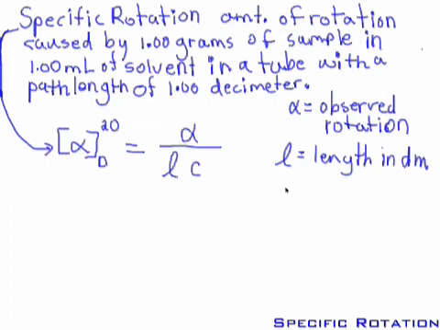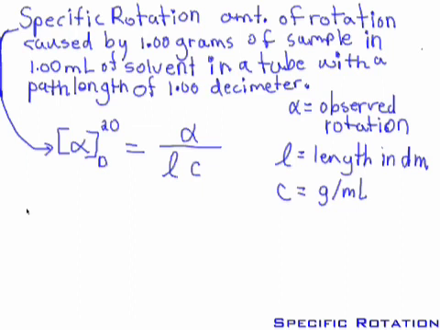And C is your concentration in grams per milliliter. Utilizing this formula, any observed rotation can be immediately converted to a standard specific rotation.